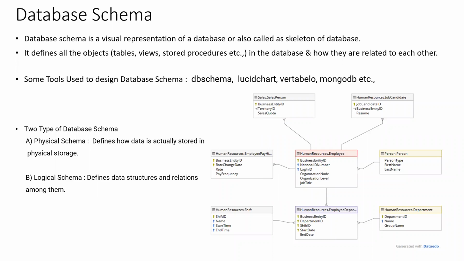Typically these database schemas are represented visually, as you can see in the bottom right of the screen. It's a sample of a simple database. There's one table at the very center, and there are different tables that are linked to this table based on certain fields. And there are different types of schema when it comes to database context.